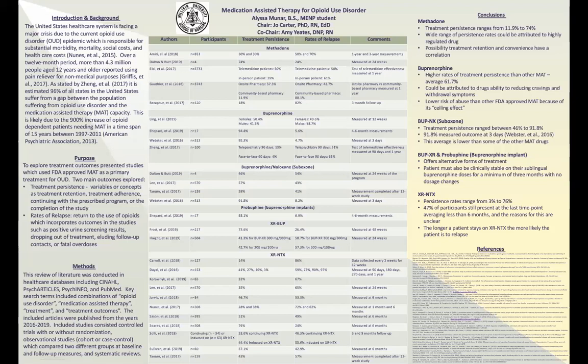The Diagnostic and Statistical Manual of Mental Disorders, or the DSM-5, defines opioid use disorder as the recurring use of opioids within a 12-month period with at least 2 of the 11 diagnostic criteria. And the diagnostic criteria includes things like withdrawal, cravings, and opioid-seeking behaviors.